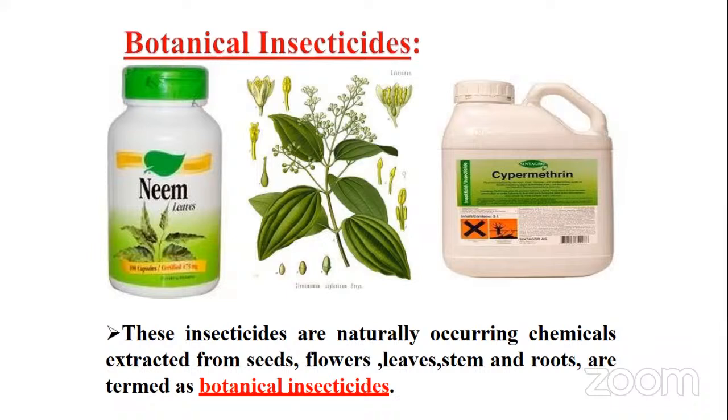These are naturally occurring chemicals extracted from seeds, flowers, leaves, stem, and roots. The name itself indicates it is from living organisms, especially from plant products, plant materials. You could see the pictures also here.